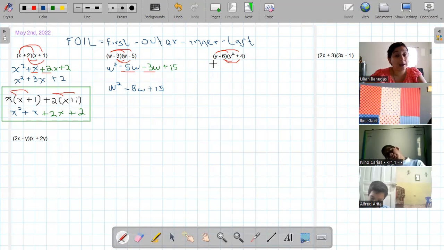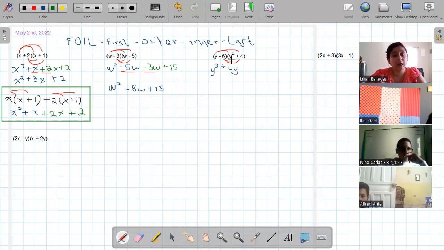Okay? So y times y squared, y cubed. Y times positive 4, positive 4y. Now we go with the second term.